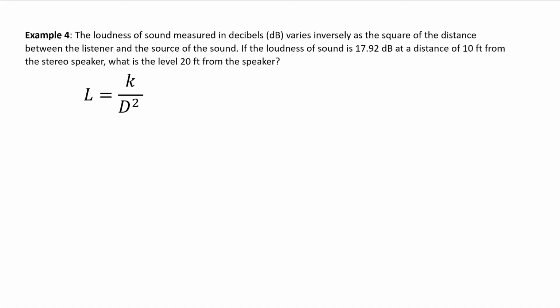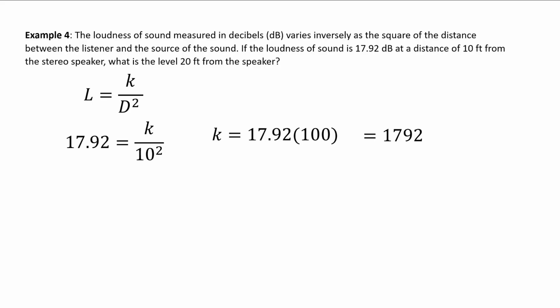Loudness is inversely proportional to the square of the distance from the speaker. And so they tell us that it's going to be 70.92 decibels when you are 10 feet away from the speaker, which gives us a K value of 17.92 times 100, which is 1,792.